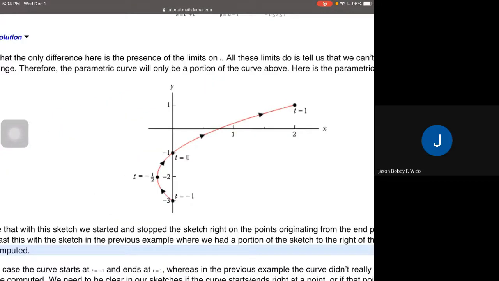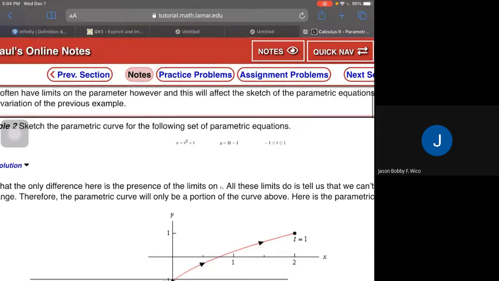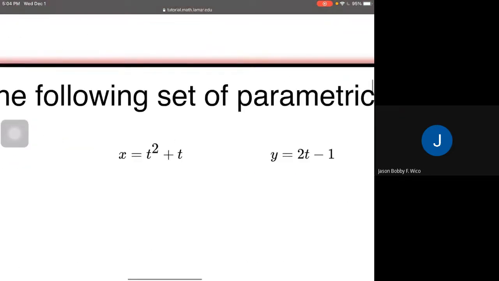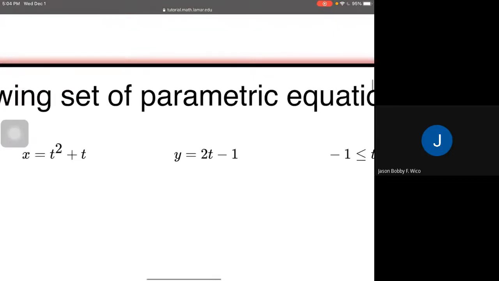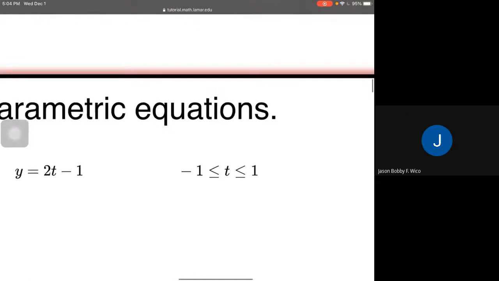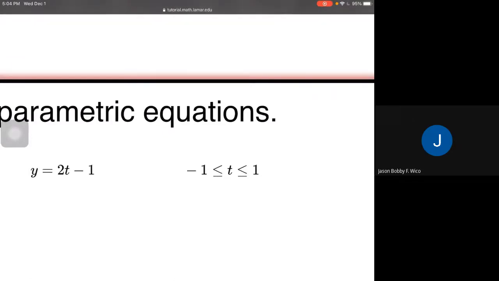So, it's a path, no? Pwedeng tawagin nating trajectory path ng isang particle that is pwede ring in orbital motion, and yung path niya is defined by these functions, x equals t squared plus t and y equals 2t minus 1. This is with the condition that t is between negative 1 and positive 1.